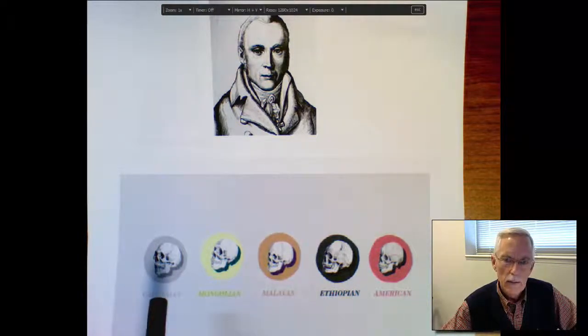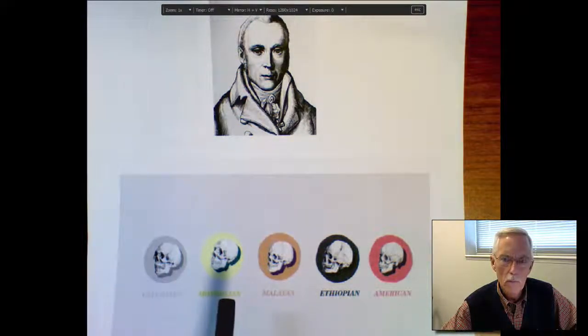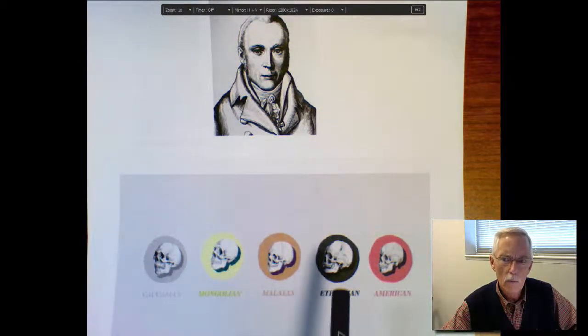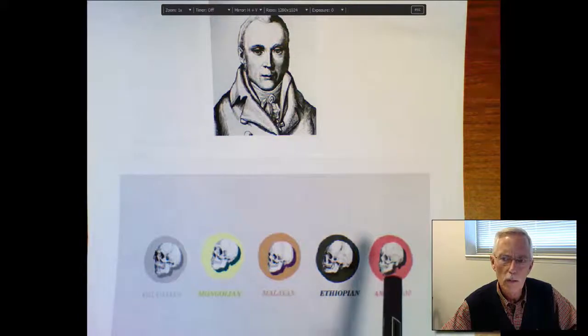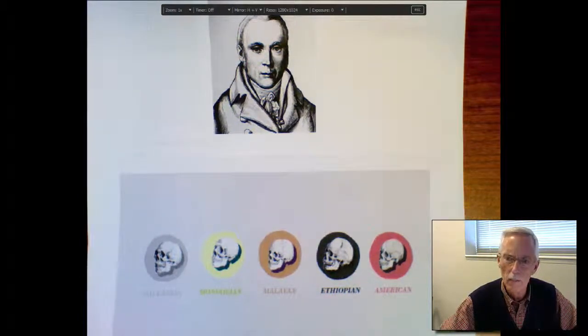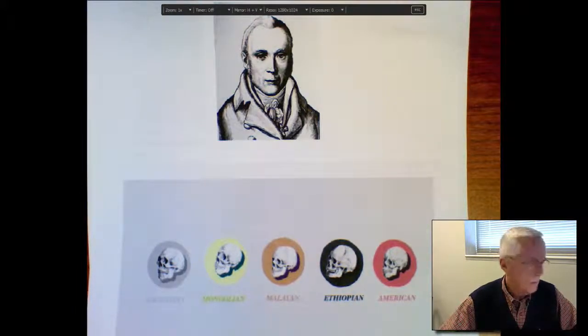So he noted some folks being Caucasian, white, some Mongoloid, yellow. Malayan referred to anybody of brown skin. Ethiopian referred to anybody with very dark complected skin, black. And then finally those with red tinted skin, American, to be precise, American Indian. So his was a more or less trait-based approach, focusing on the physical feature of skin color.